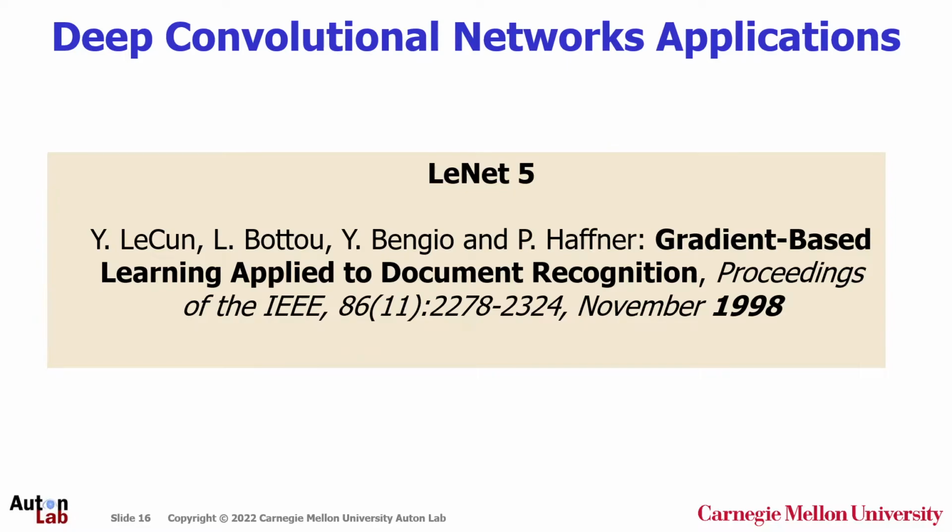The first application we will discuss is the LeNet-5 neural network by Yann LeCun and his coworkers from 1998. This was one of the earliest successful applications of neural networks for character recognition.